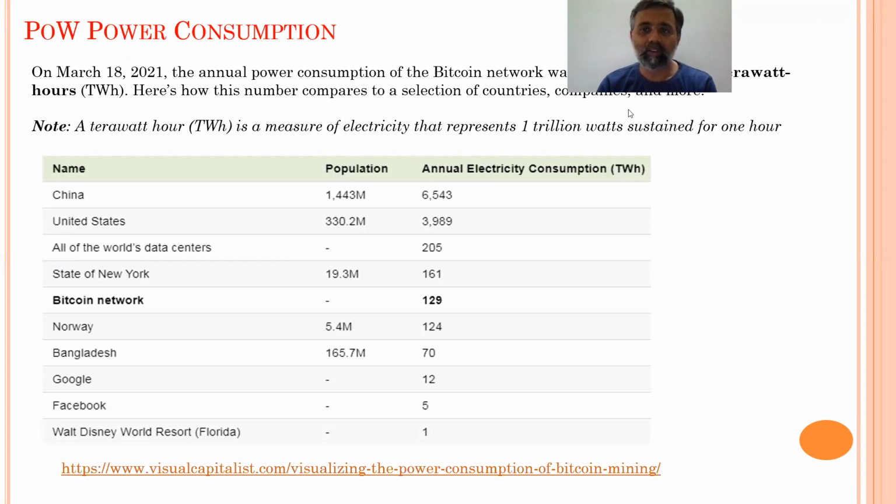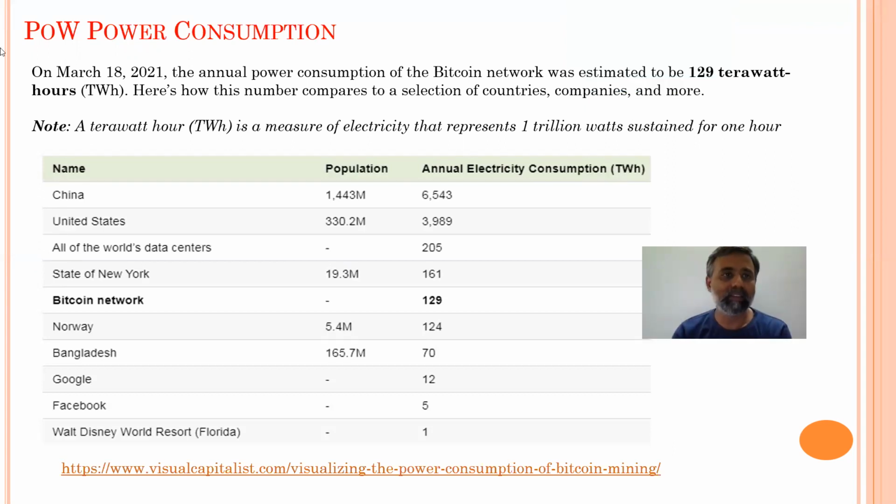Next, a very important point is the power consumption in the proof of work mechanism. As of March 18, 2021, the annual power consumption of the Bitcoin network was estimated to be 129 terawatt hours, that is TWh.